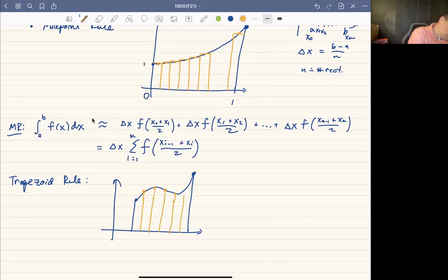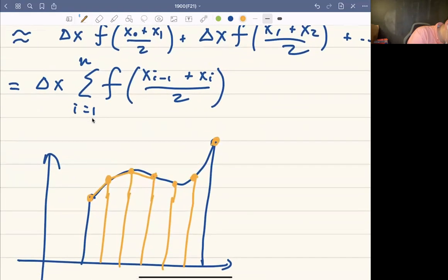So we split up our interval, we figure out the corresponding values of our function, and then we make trapezoids. So we make straight lines, just like that. That's a trapezoid. We figure out how to find the area of the trapezoid.